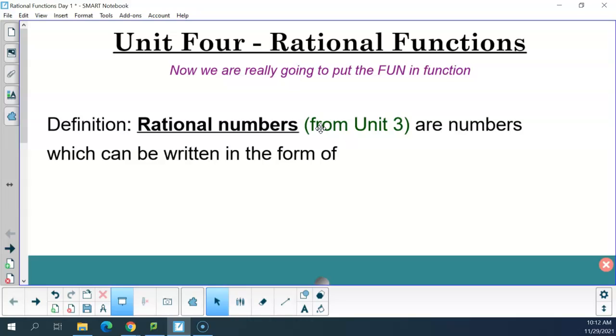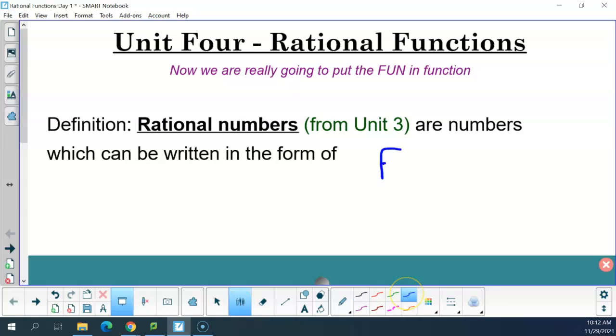What does it mean to divide? It means a fraction, right? Rational numbers are fractions.